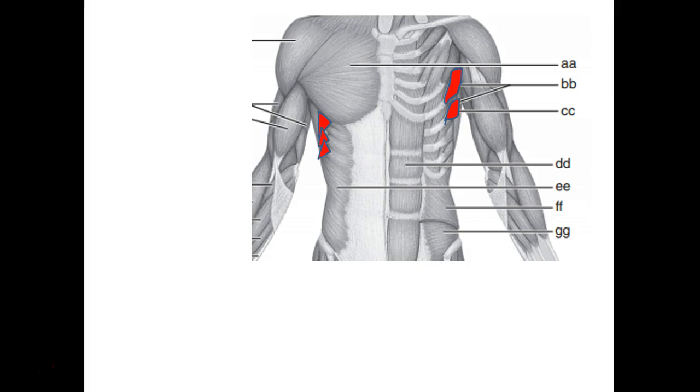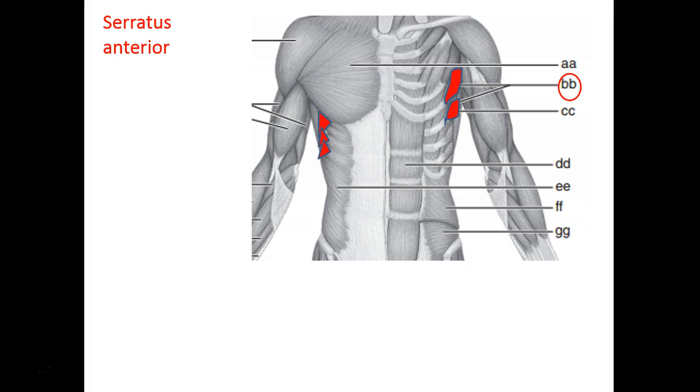Now I labeled this muscle on both sides because I really thought that on his right side you could actually see the shape of the muscle more clearly than you can see on his left side. They've labeled it BB, but this muscle is called the serratus anterior.